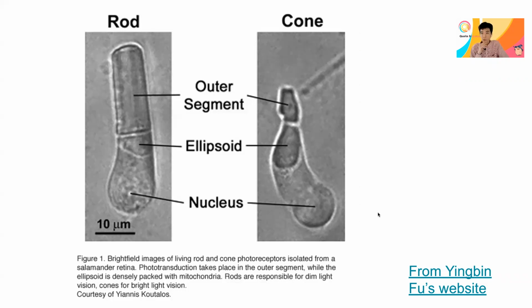The cone comes in three different types, but from the looks, it doesn't seem to be different as far as I know. The way it differs is that the outer segment contains lots of pigment that is sensitive to either long wavelengths, mid wavelengths, or short wavelengths. And sometimes these are correspondingly called red, green, or blue sensitive cones.